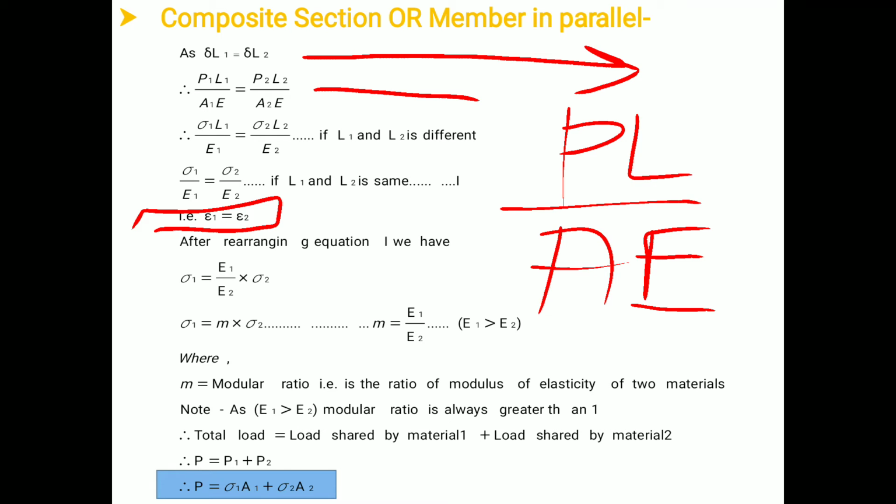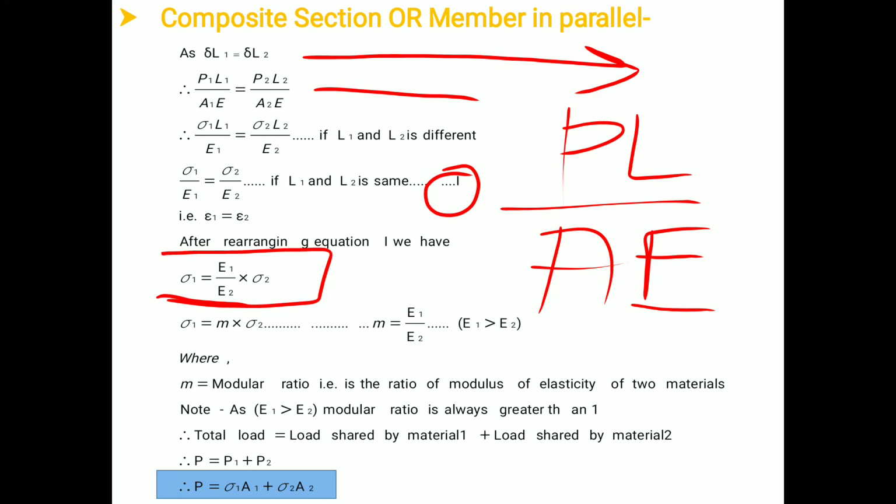Now after solving this equation for sigma 1 from equation 1, I have E1 upon E2 into sigma 2. Therefore I have sigma 1 is equal to m into sigma 2, where m is known as the modular ratio.